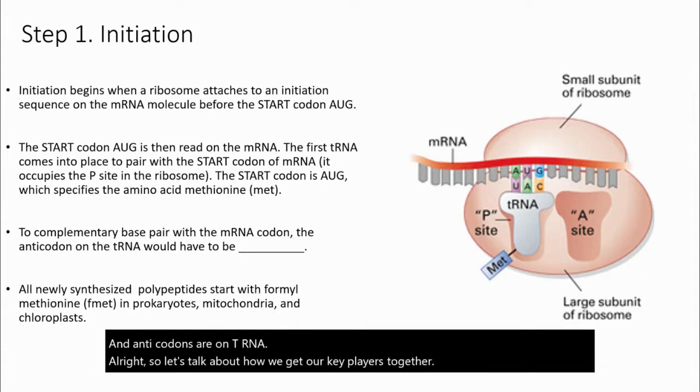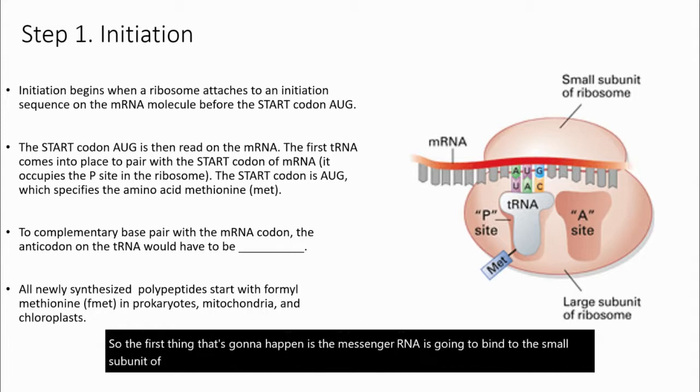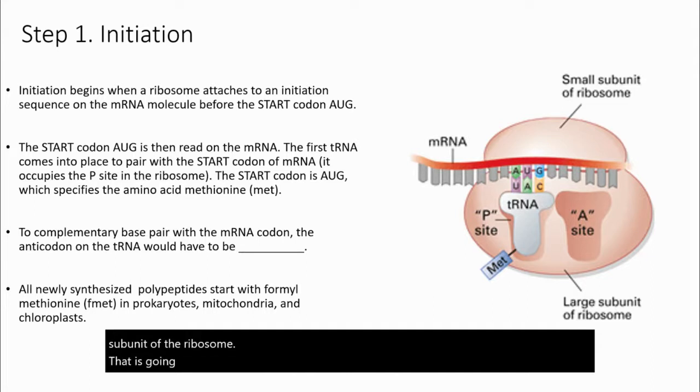So the first thing that's going to happen is the messenger RNA is going to bind to the small subunit of the ribosome. That is going to recruit the initiator tRNA that's carrying methionine. Because remember, the start codon is AUG, and that always codes for the amino acid methionine.